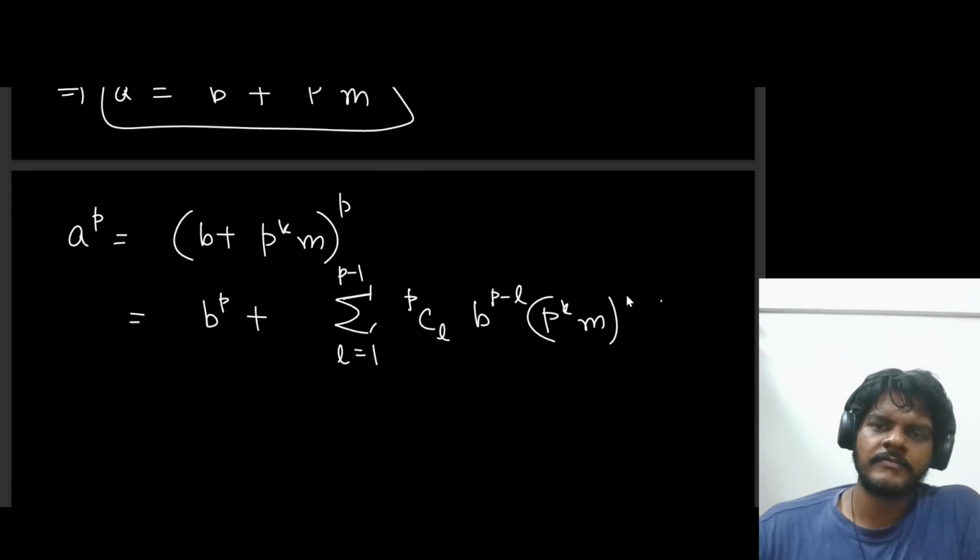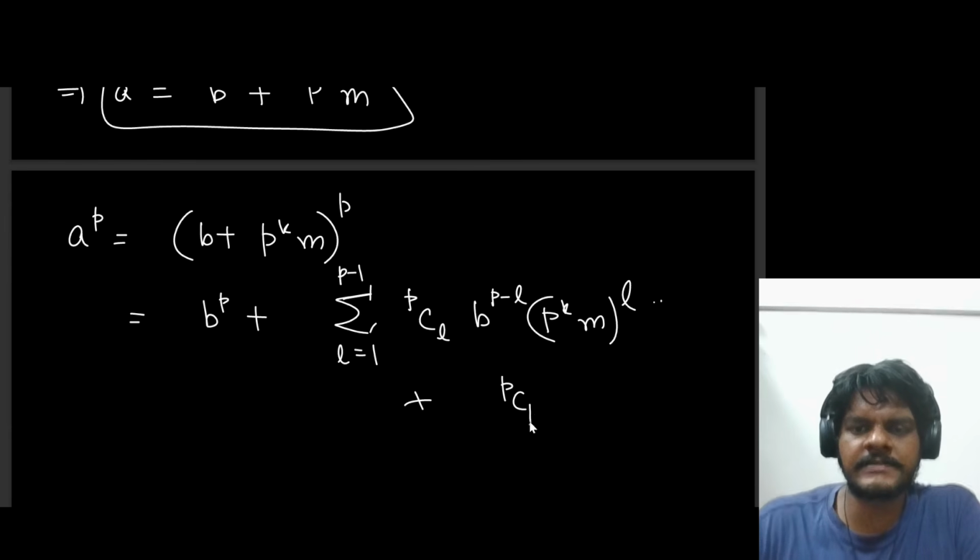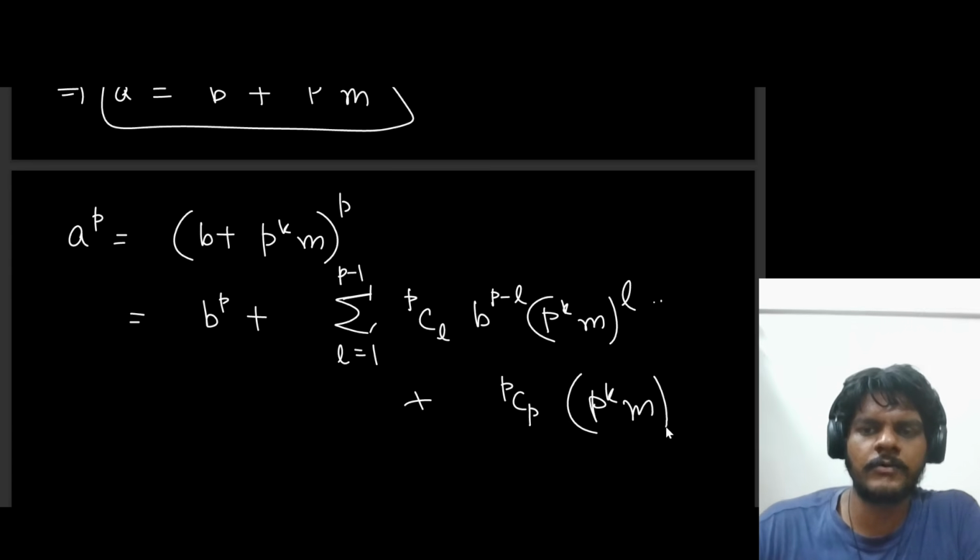K is already used, so I'll use L. And what is the last term? The last term will be PCP, which is 1 anyways. B won't be there. It is only P power K M whole power P.